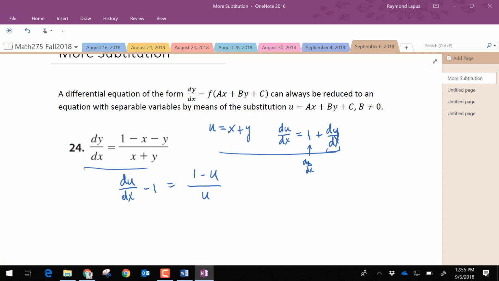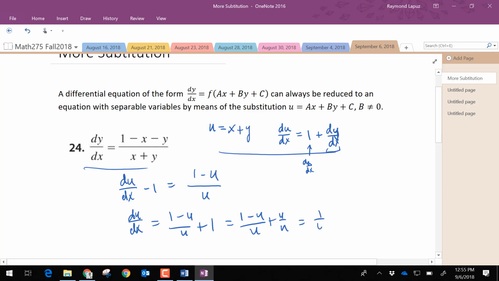All right, let's add 1 to both sides. du dx is equal to 1 minus u over u plus 1, and common denominators or whatever. 1 minus u over u plus u over u, and then you get 1 over u.